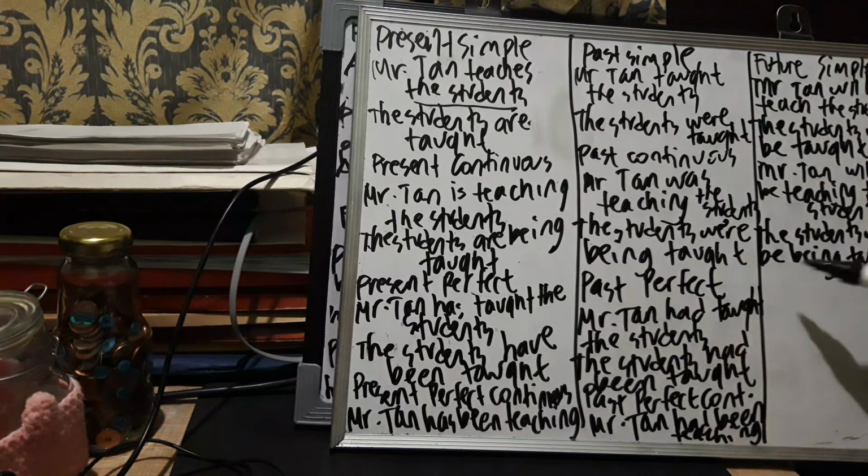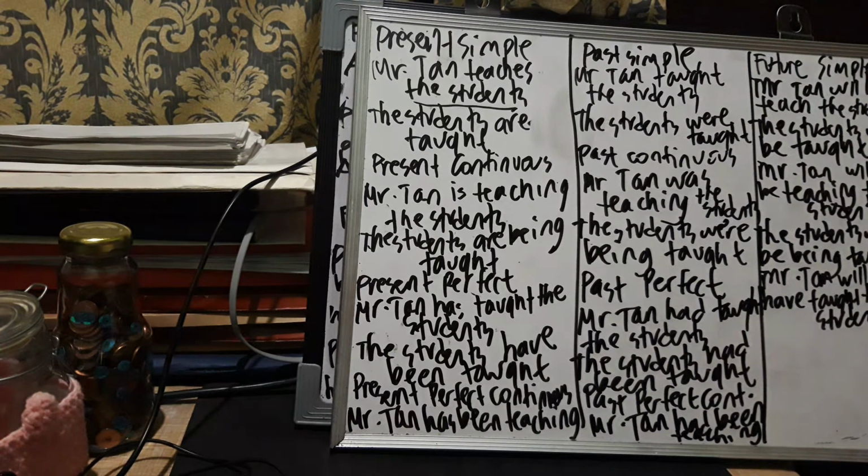Okay, now let's have the future perfect. The pattern is will have pp for the active, and for the passive is will have been plus the pp. So you can say Mr. Tan will have taught the students.